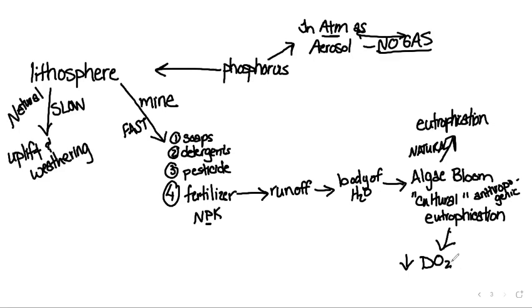And if there's no dissolved oxygen, other organisms can't survive and can't live. And you're going to end up with these massive fish kills in these anoxic or dead zones. Anoxic just means without oxygen.